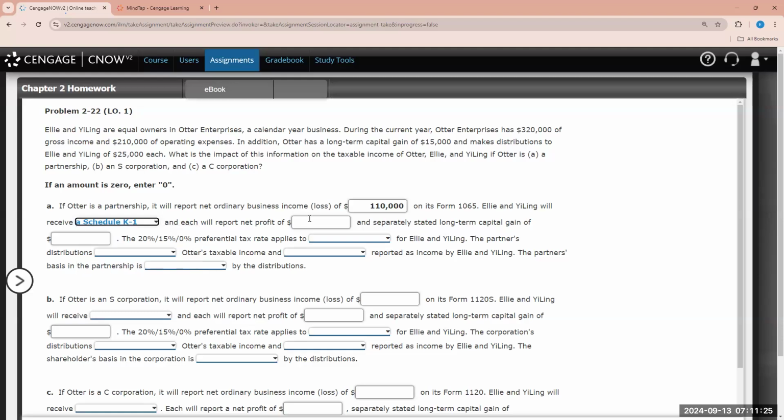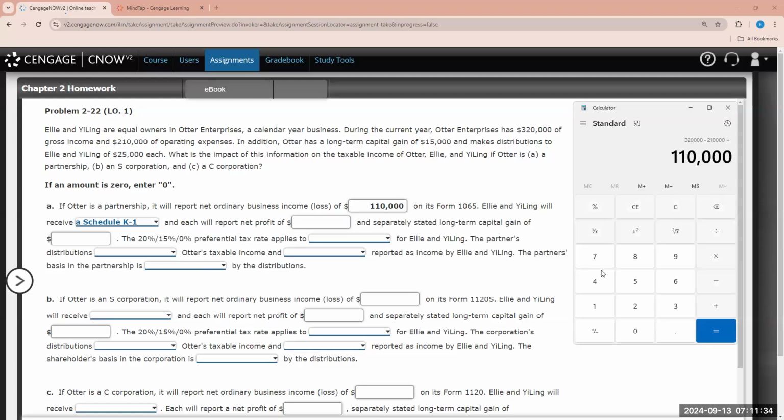So they would receive a Schedule K1, and they will each report a profit of, again, it's 50-50. So therefore, we would divide the business income by 2, or multiply by 50%.